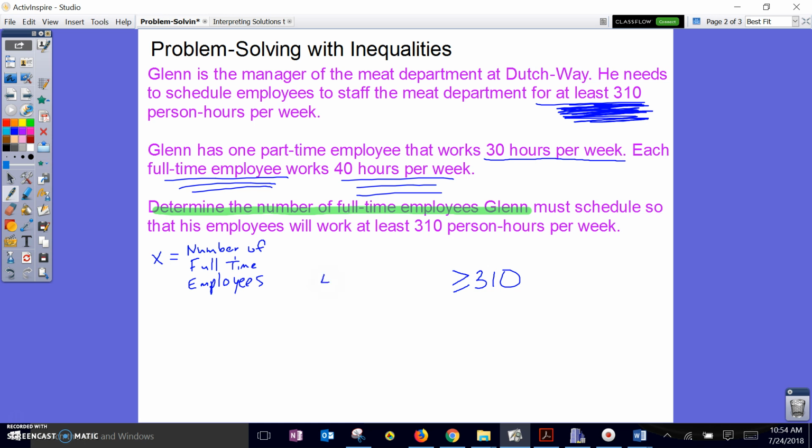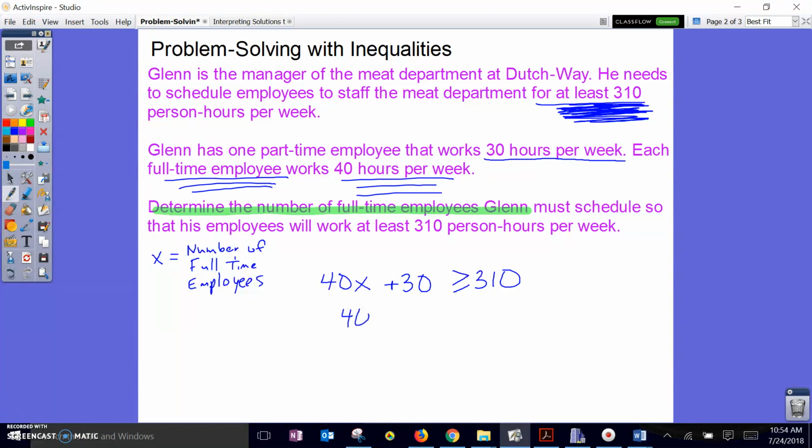So that's 40 times X. And he also has that one part-time employee that works 30 hours, so we need to add their hours into the total. And now we have our inequality written to represent this scenario, and now we're going to solve it.